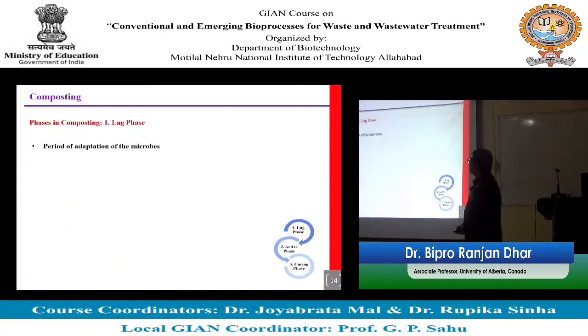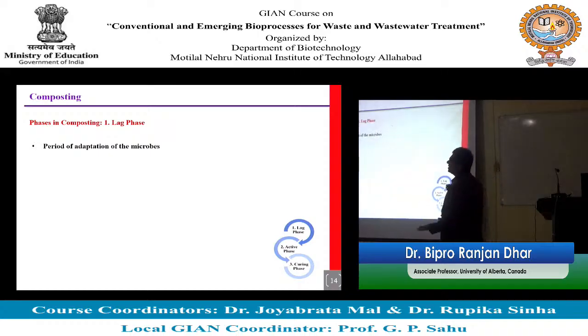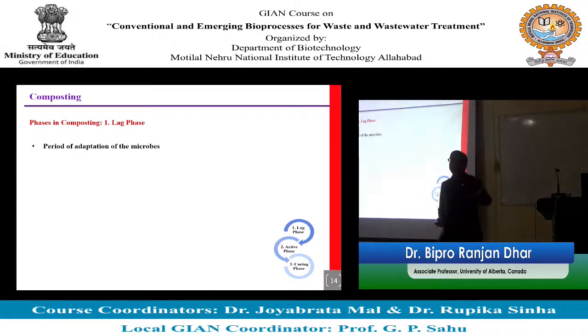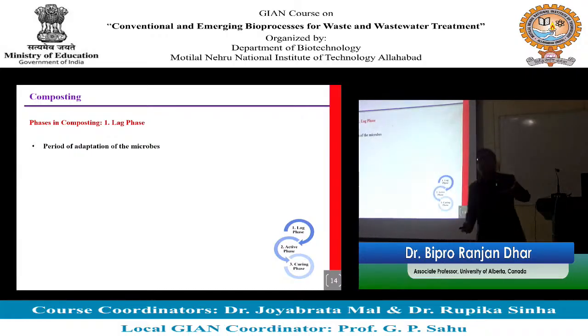So now after you prepare your feedstock, you start the process, and the first step is going to be the lag phase. Lag phase is the period of adaptation of microbes, as we learned yesterday in the microbial growth curve.